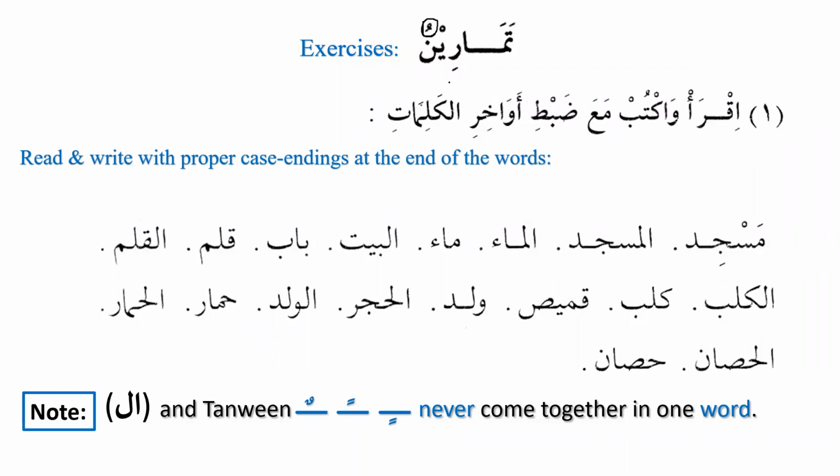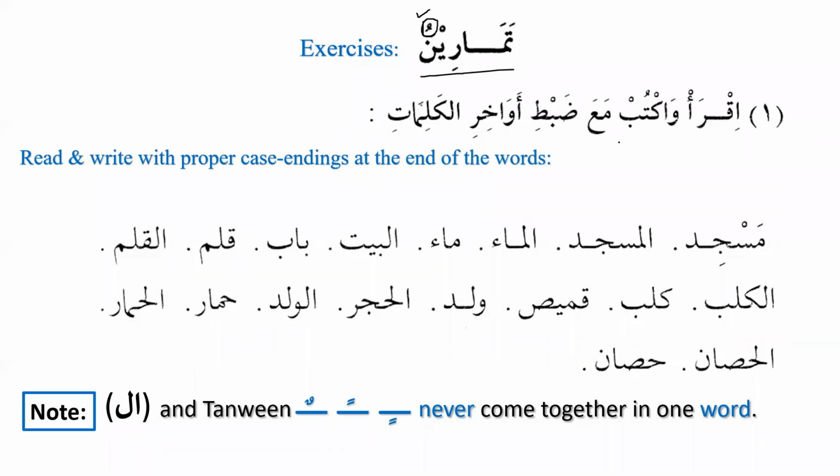And similarly, we have here tamarinu, it is on the pattern of mafa'ilu. So if you refer back to the lesson about partially flexible nouns, we discussed some categories and also some patterns. So this is one of the patterns, mafa'ilu. And if a noun comes on that pattern, then it will not accept tanween.